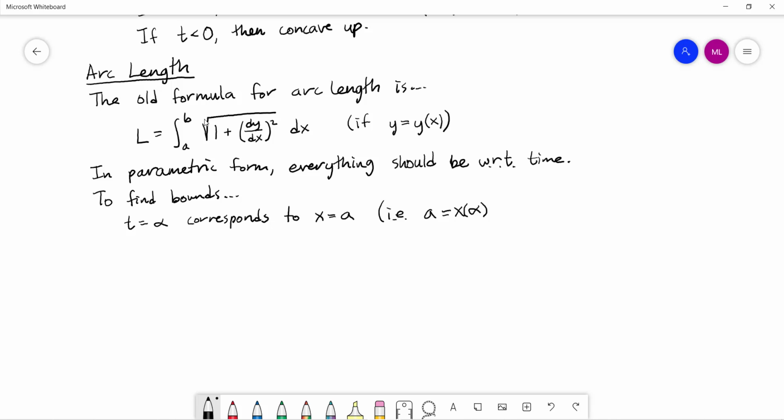And similarly, let's call t equals beta the time that corresponds to x equals b. And so again, all we're saying is that if I plug into the function x that we've got, if I plug in t equals beta, I should have it spit out the position of b.